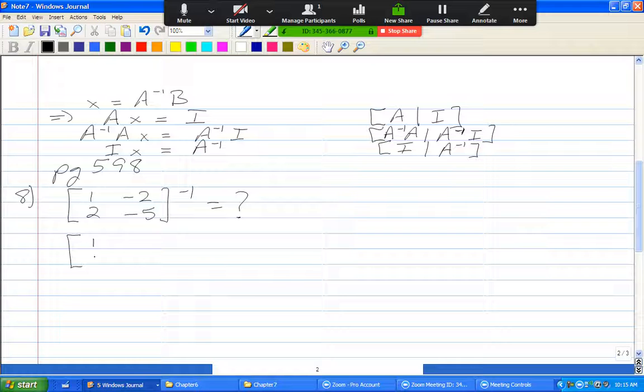Let me augment this matrix by the identity. And so now I'm going to write it in reduced row echelon form. Okay. And so let's pivot. So the first row is going to stay the same.